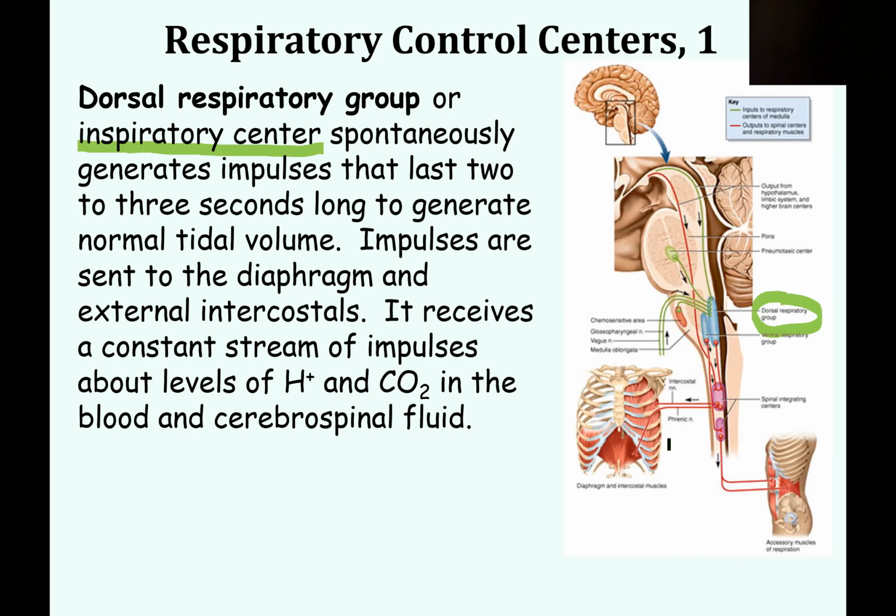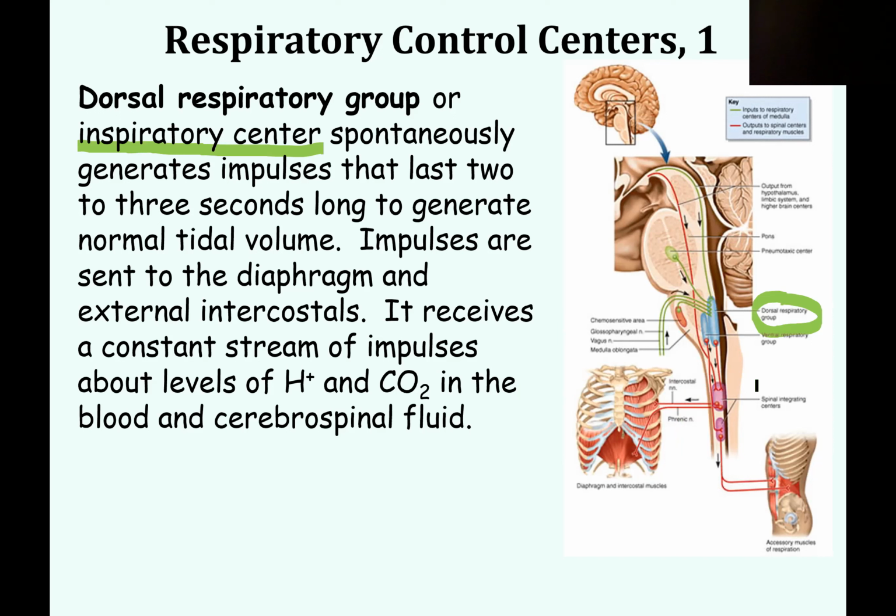It stops sending the impulses after 2 or 3 seconds. There's a 2 or 3 second pause, and then it's going to generate another one. So normal pulmonary ventilation. This area receives impulses constantly about hydrogen ion levels and carbon dioxide levels in both the blood and cerebrospinal fluid.